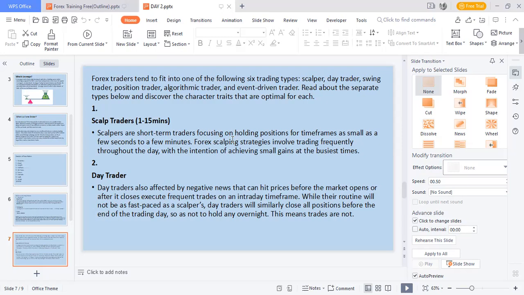I repeat, the scalp trader trades from a few seconds to a few minutes. And one thing about scalp traders is they are similar to day traders. Are you with me? Scalp traders are similar to day traders. And one thing I've always noticed about scalp traders and day traders is that they never like to take any trade to the next day.